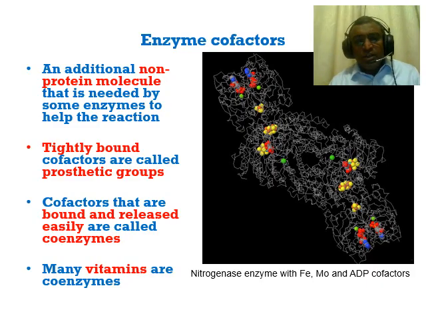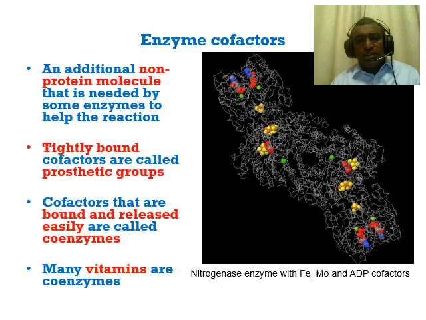For instance, you have prosthetic groups. These are like born with the enzyme itself, such as now you can see in the photo there on nitrogenase. You have ferrum and molybdenum, which are actually tightly bound in the nitrogenase. So these are prosthetic groups.